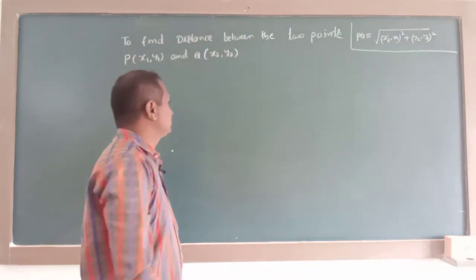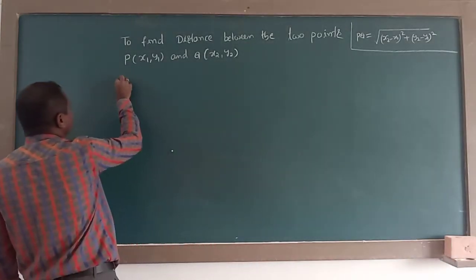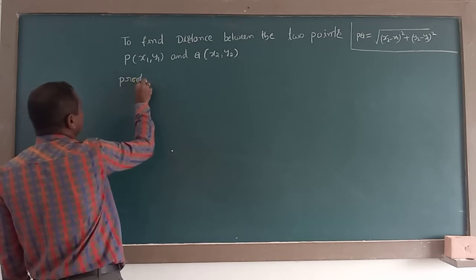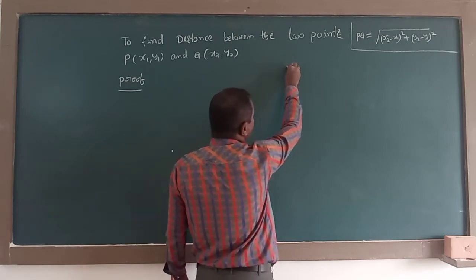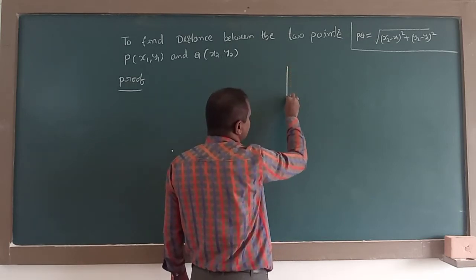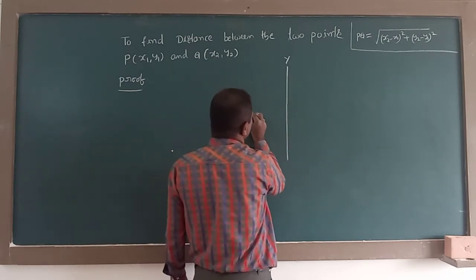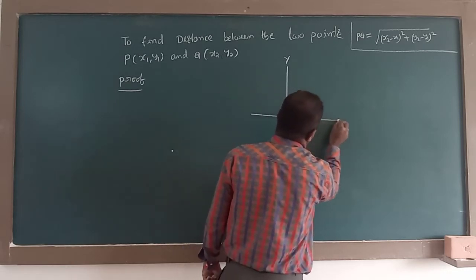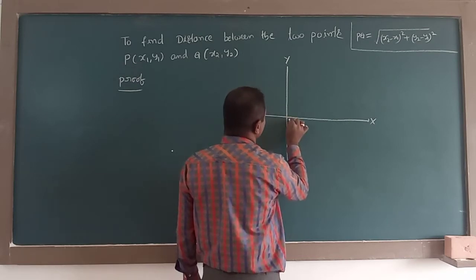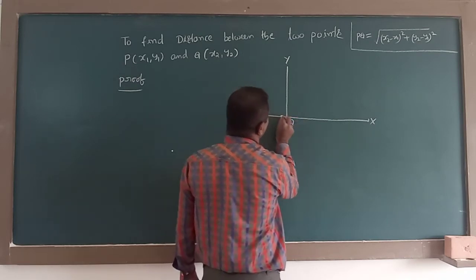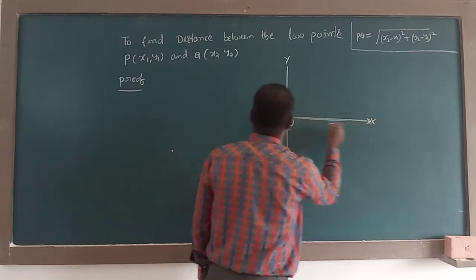See here. First, in case of proof, let us start the proof for this theorem. Before the proof, we must first draw a diagram here. Y-axis and this x-axis, this is y dash, and this is x dash.